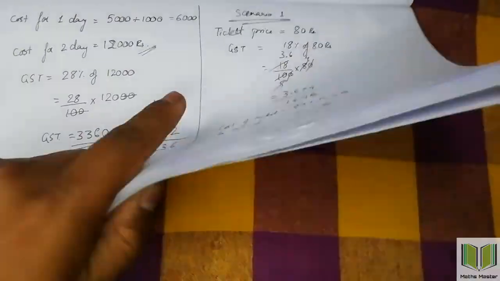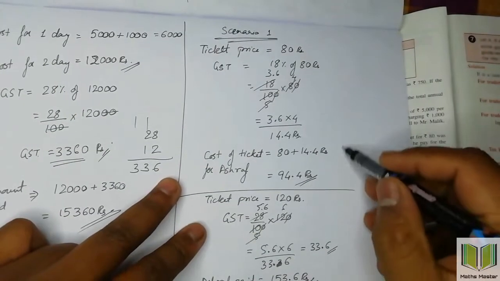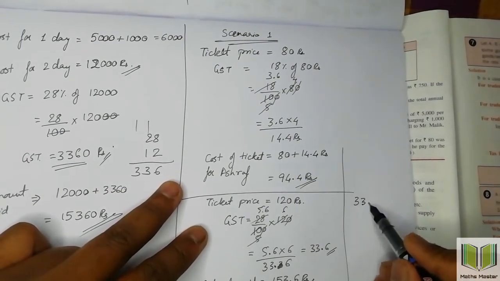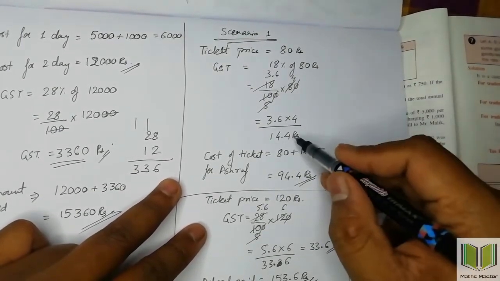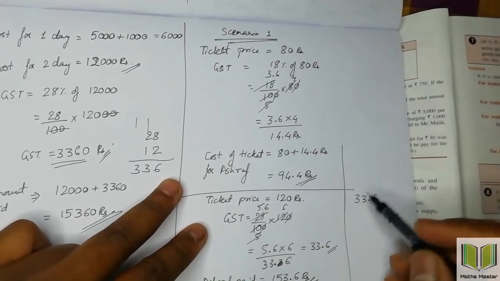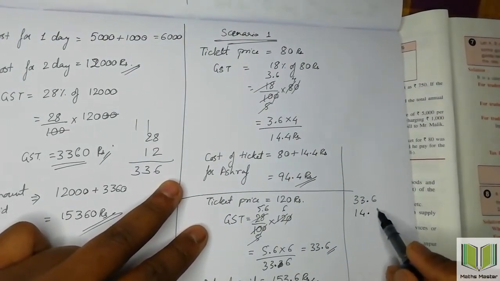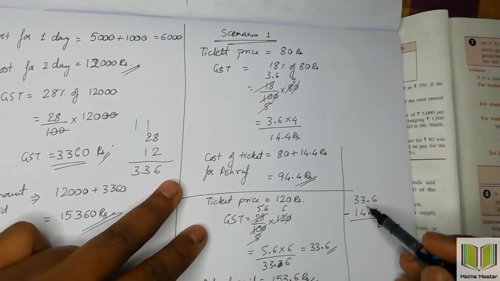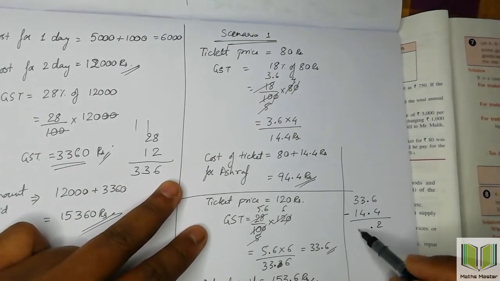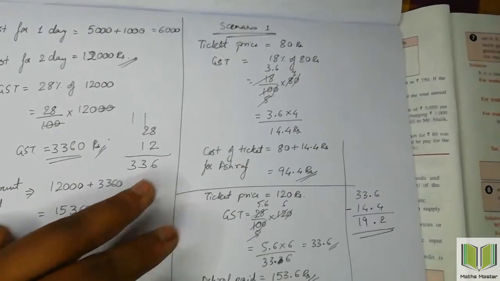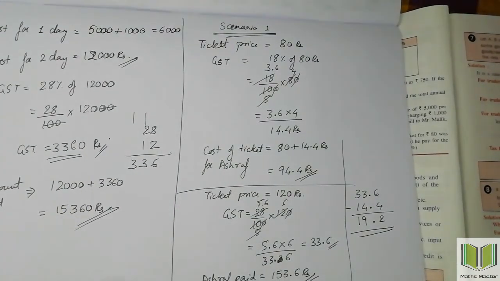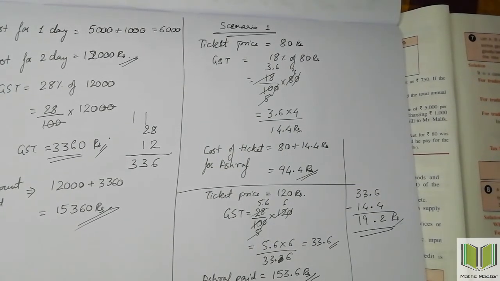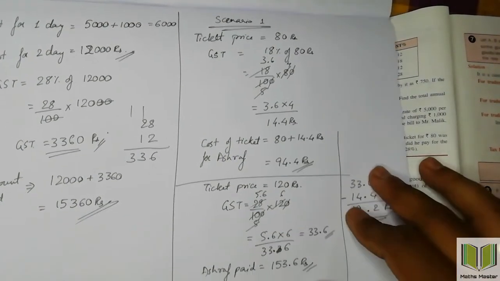So the extra GST paid for the ticket will be equal to the amount of GST which he paid, that is 33.6, minus the amount of GST which he had to pay, 14.4. 6 minus 4 is 2. 33 minus 14 will be equal to 19. 19.2 rupees is the extra GST which he has paid.